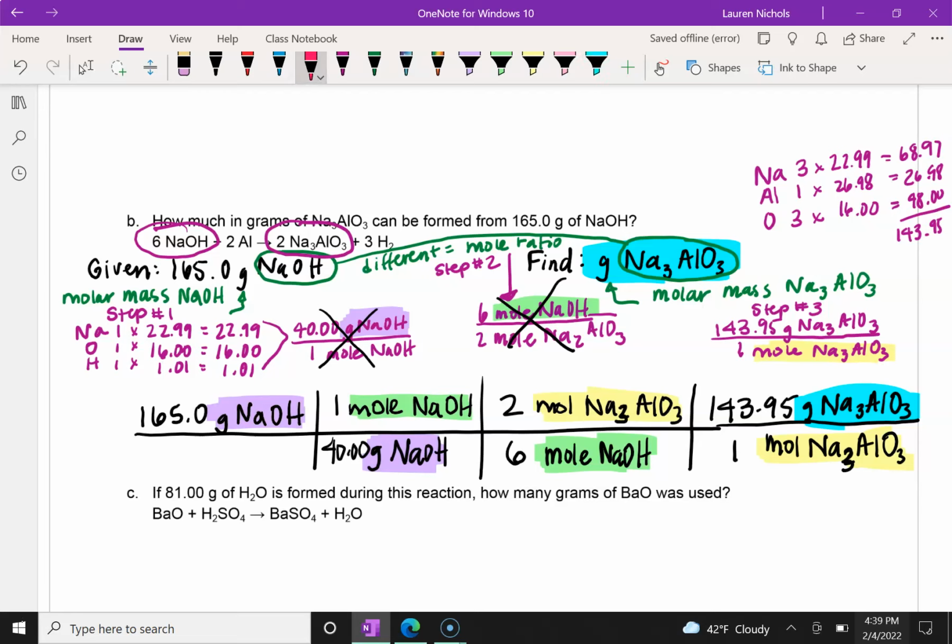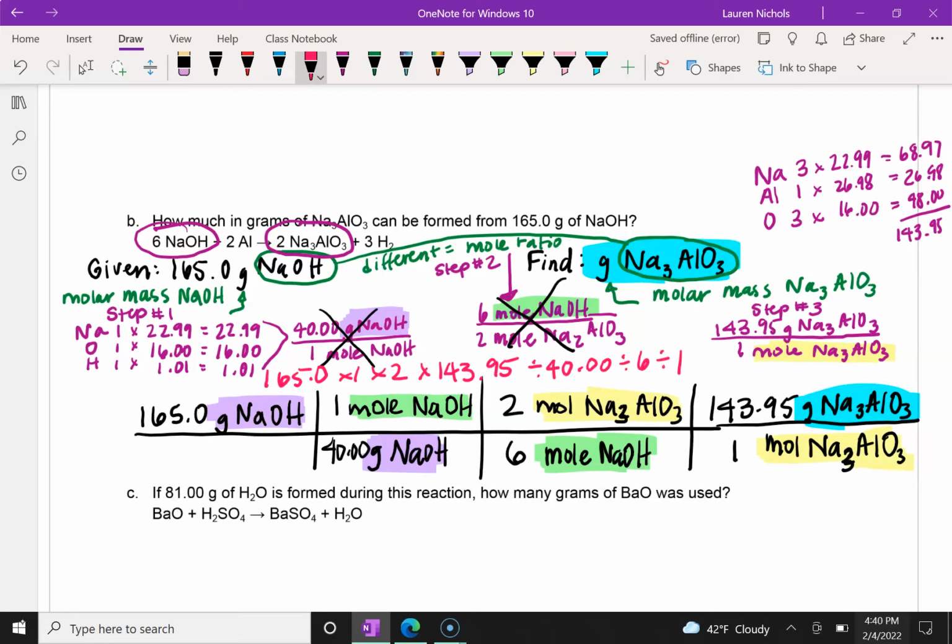So again, the first thing that goes in our calculator is our given. So it's 165.0 times 1 times 2 times 143.95, and then we divide by what's on the bottom. Divided by 40, divided by 6, and divided by 1.